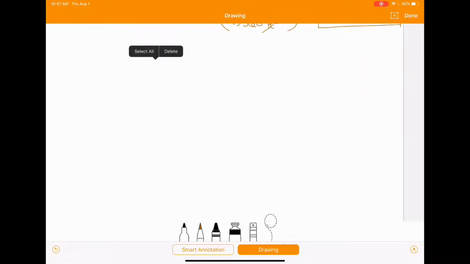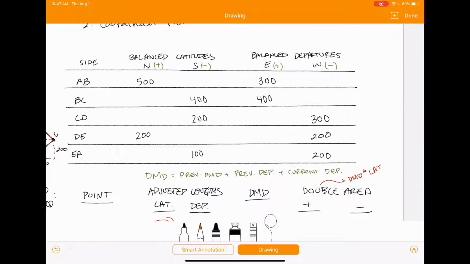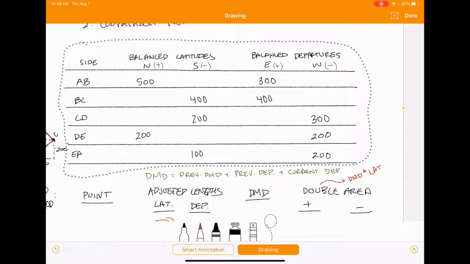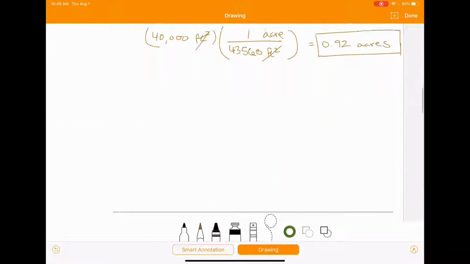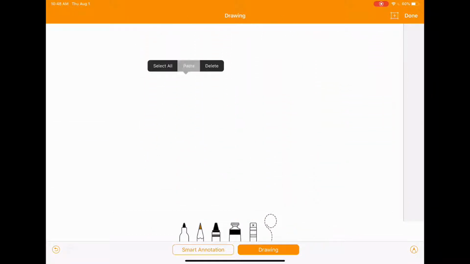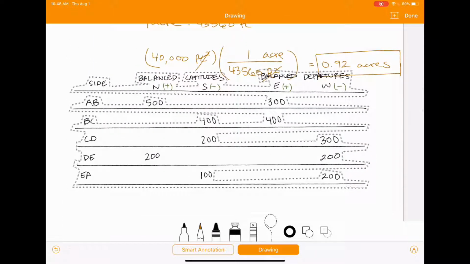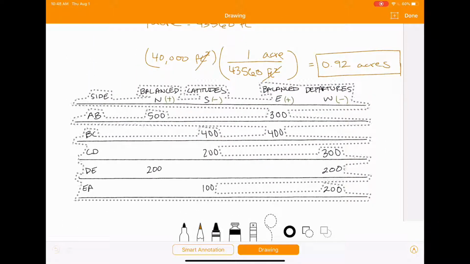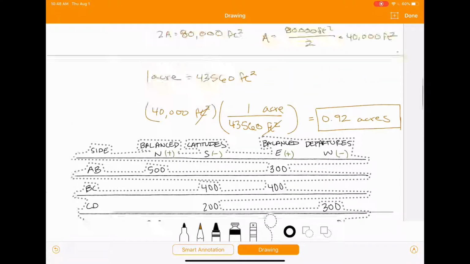Now, let's go ahead and take a look at the coordinate method, and we'll go ahead and use the same example so that way you can see that you end up with the same answer. All right, so we've got our notes there.